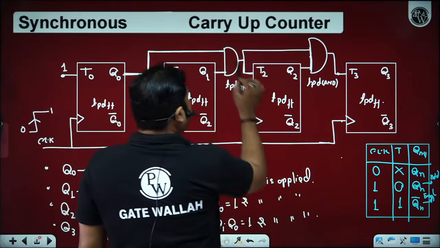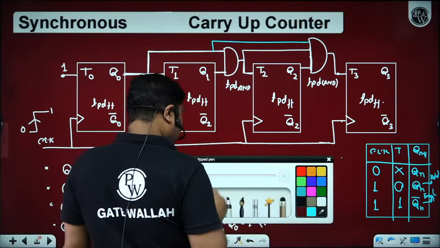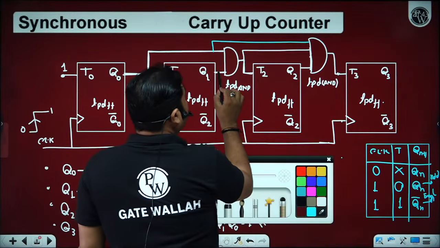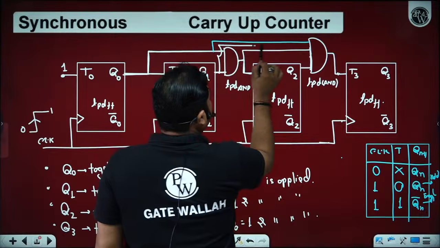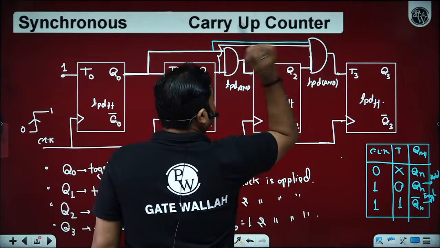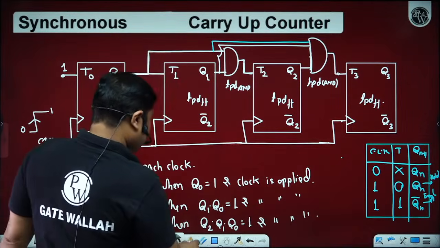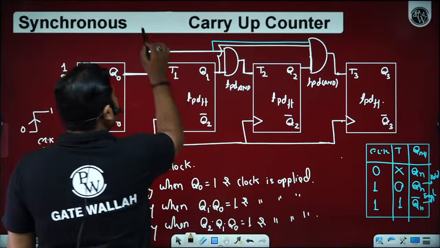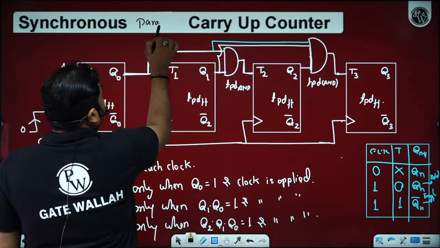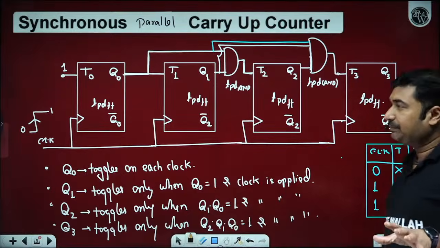In case of the parallel carry up counter which we have drawn earlier, this is not needed. Now all the AND gates are going to operate at the same time. So the basic difference between series and parallel carry up counter, I am hoping all of you are able to understand.